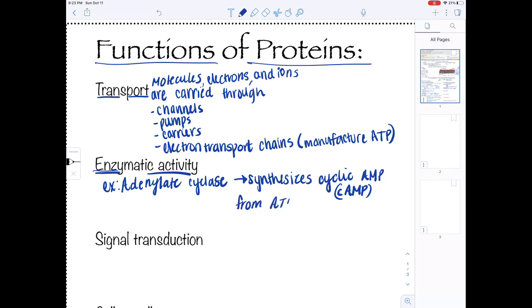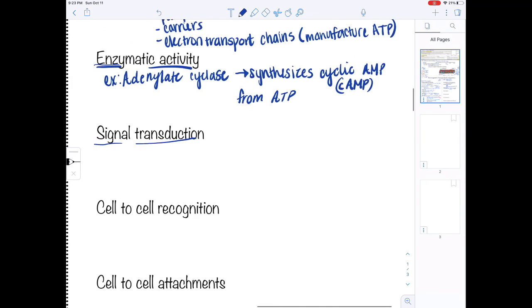So this will take ATP and convert that ATP into cyclic AMP, which is needed by your cells. Another function is signal transduction.